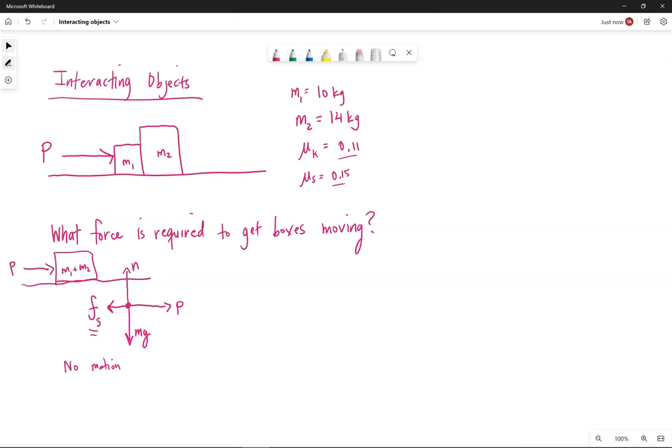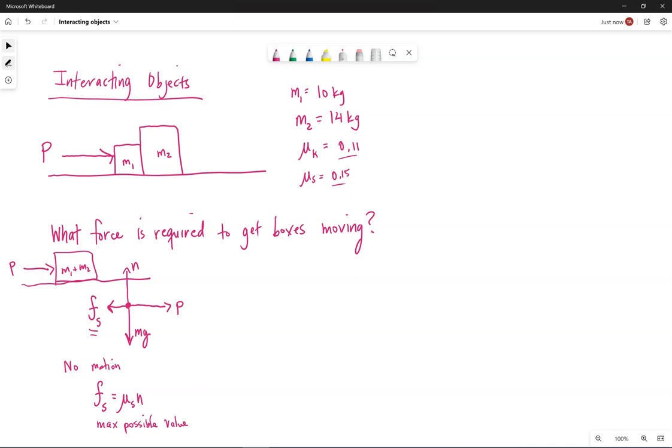Now, if you remember also, the force of static friction is the coefficient of static friction times the normal force. This is the biggest or maximum possible value of static friction. So we have a coefficient of static friction. We can certainly calculate the normal force.